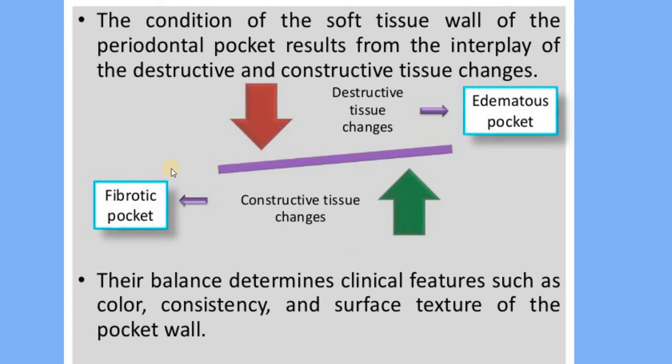But if the pocket wall is going through constructive changes, the newly formed connective tissue cells will predominate, and the pocket wall is more firm and pink. But here it's more misleading, because outside you find a pink and firm wall of the pocket, but inside there is a destructive inflammatory process.